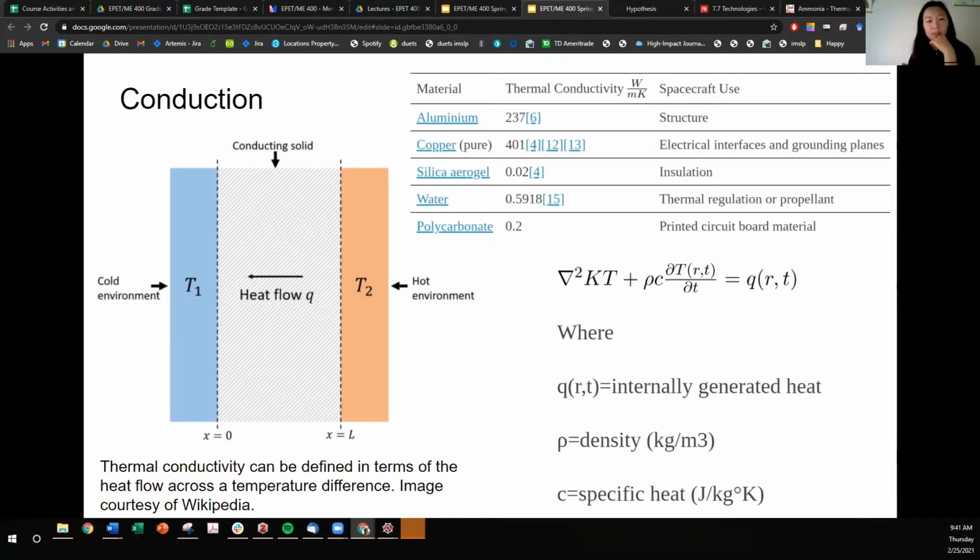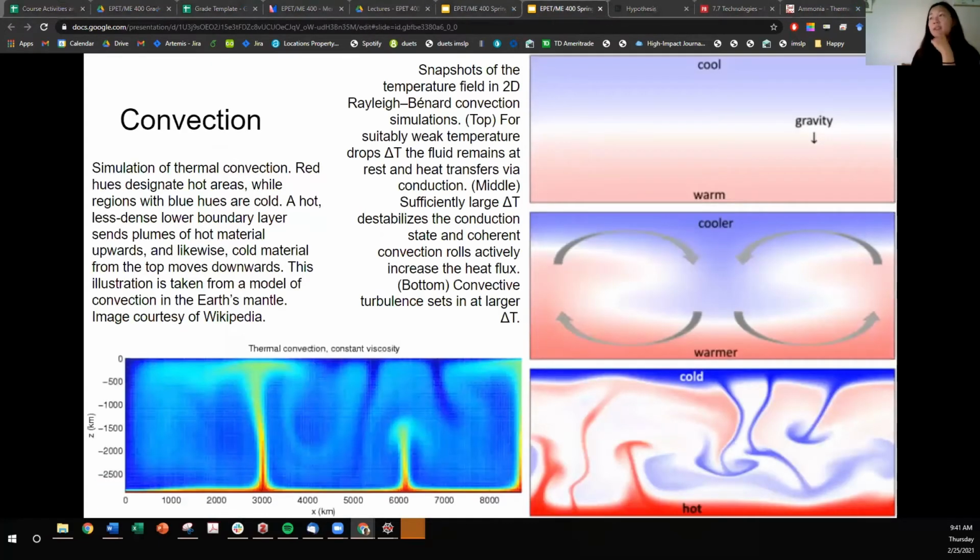Okay, moving on. I guess that's a good transition to convection, which is the transfer of thermal energy through fluids. A fluid can be a gas or a liquid, and we're not really interested in it too much because for small spacecraft, it doesn't scale well.